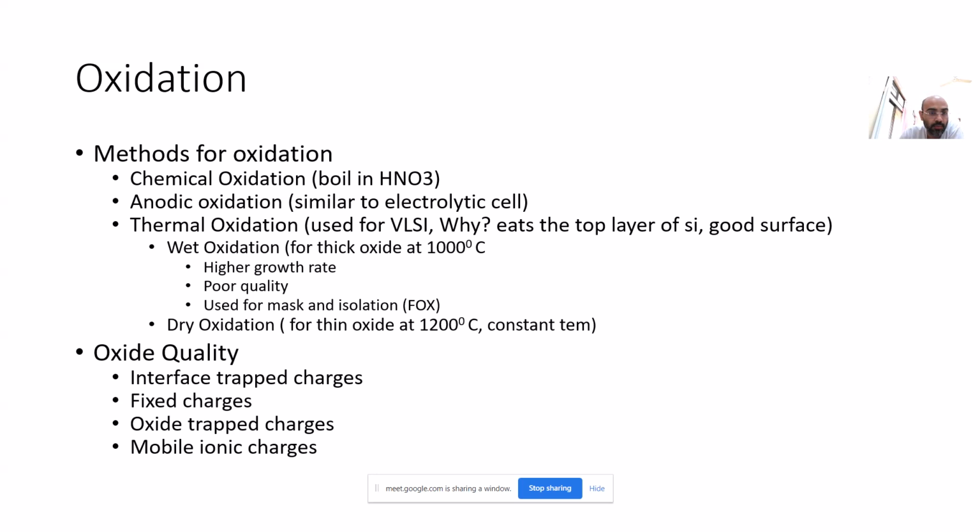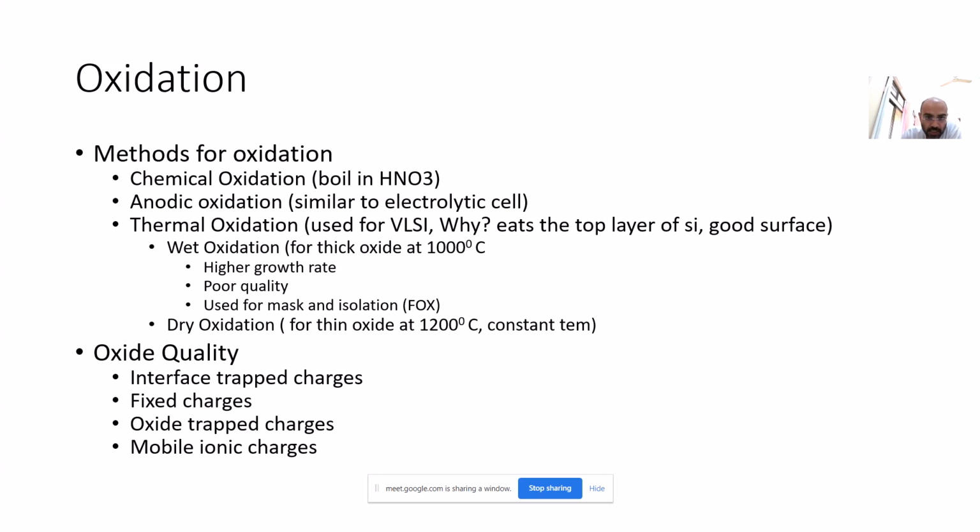So the silicon dioxide, what we get is grown over the silicon. I mean, a layer of the oxide is formed above the silicon surface. So this is one of the methods. Then another method is the anodic oxidation. Anodic oxidation is more or less similar to your electrolytic cell. In that we use two electrodes, one of silicon and one of another metal.